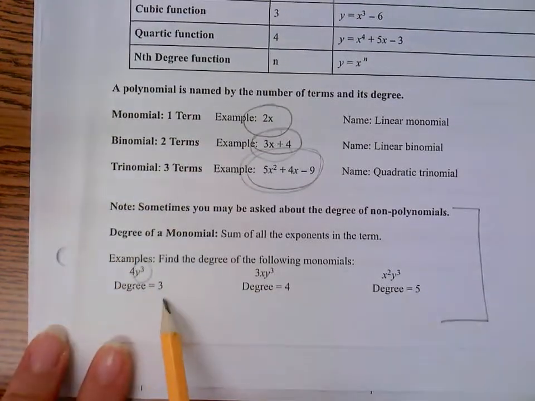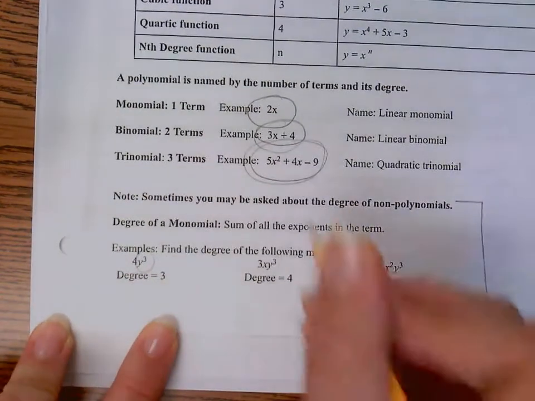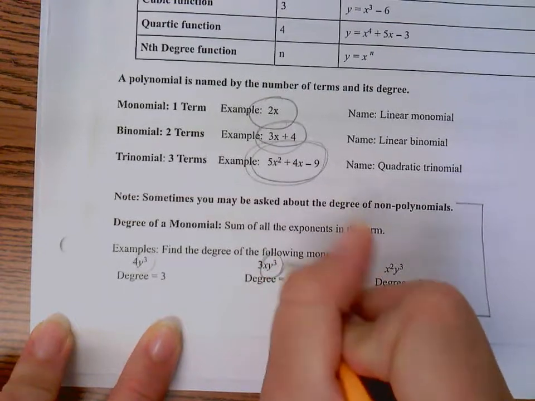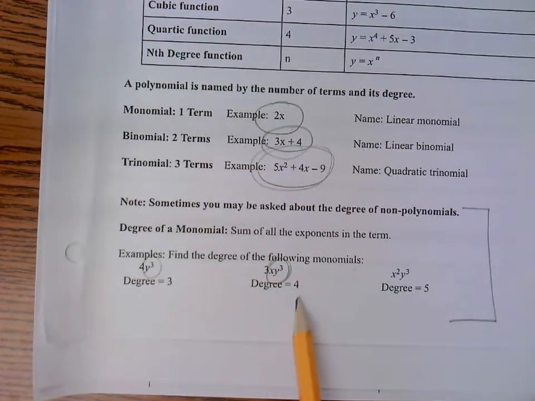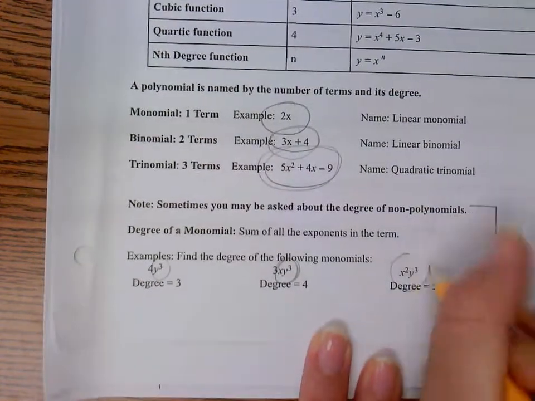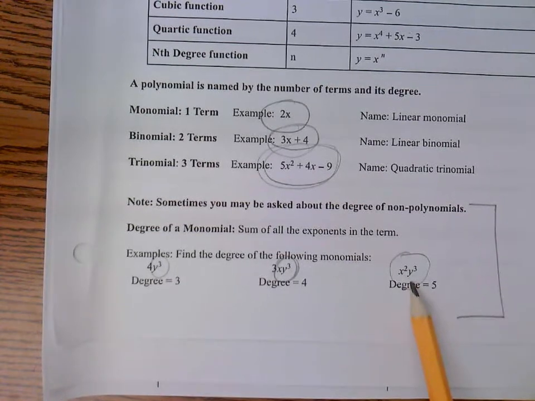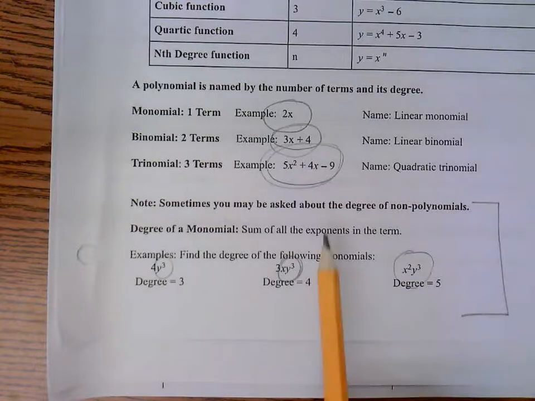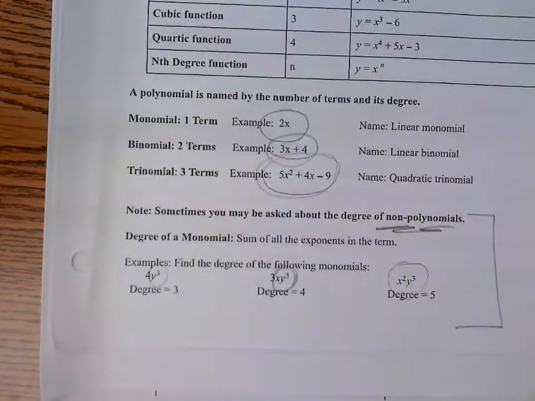So this is just 3rd degree because y cubed, but this weird looking thing is considered 4th degree because you have x to the 1st y cubed. So this would be 5th degree, x squared y cubed. You can add them together. But I'm not going to be asking you this on our test because these are all non-polynomials. I'm focusing on polynomials in this unit, but I wanted you to know in case those ever pop up on an assessment, not in this class, but outside of this class.